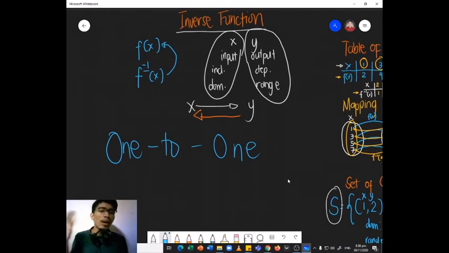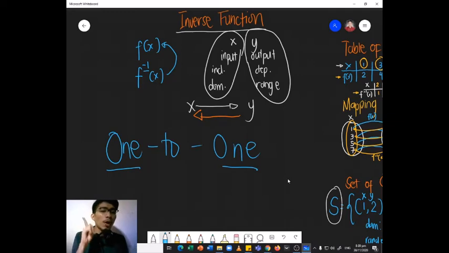If you still remember, we have different types of relations: one to many, many to one, many to many. But in inverse function, you can only say that a particular function has an inverse function if and only if that function is a one-to-one function. If that function is not one-to-one, automatically that function doesn't have an inverse.